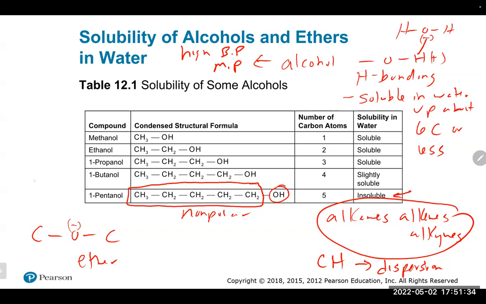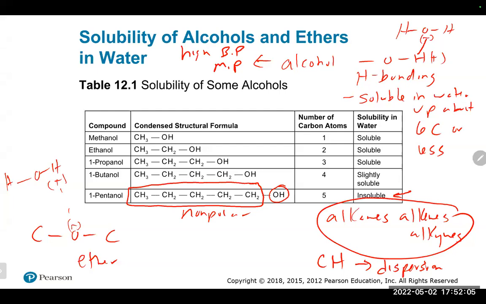But they can participate a little bit with water and do some hydrogen bonding to water rather than itself. So it does have some solubility. Again, the same idea: you're going to lose a lot of that solubility with the more carbons you build out on it. But there is some. Ethers definitely have much lower melting points and boiling points than alcohols, again because of their lack of ability to hydrogen bond.